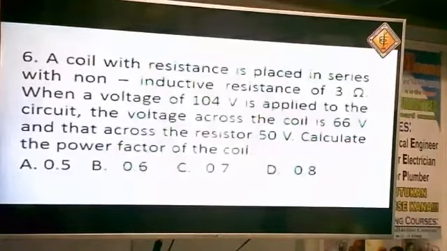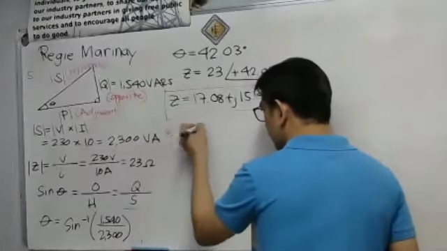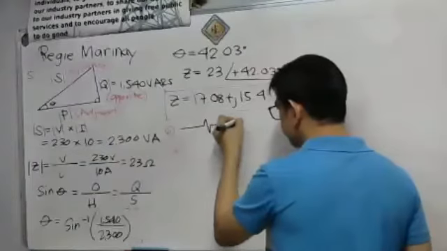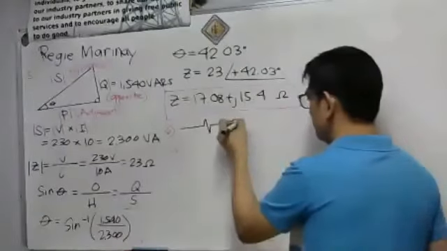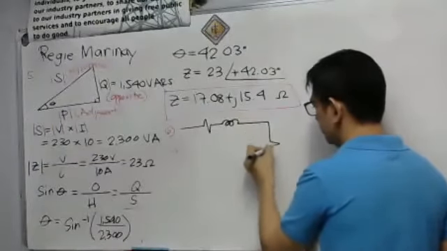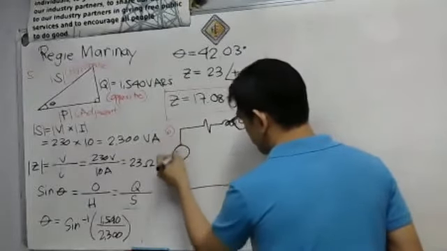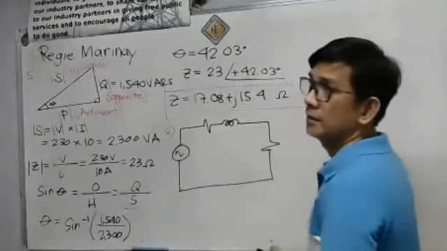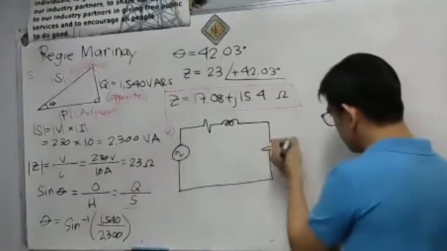So calculate the power factor of the coil. Let us draw our circuit first. So we have a given coil here, then we have a non-inductive resistance, meaning it is a pure R here. We are given here 3 ohms.